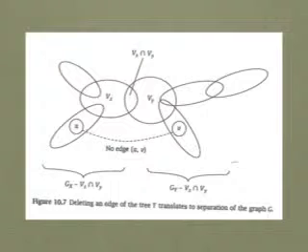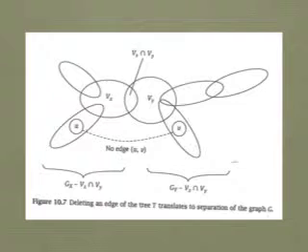Proof. We refer to figure 10.7 for a general view of what the separation looks like. The proof of this property is analogous to the proof of 10.13. One first proves that the two subgraphs G_X minus the intersection between V_x and V_y, and G_Y minus the intersection between V_x and V_y do not share any nodes, by showing that a node v that belongs to both G_X and G_Y must belong to both V_x and V_y, and hence it does not lie in either G_Y minus the intersection or G_X minus the intersection.